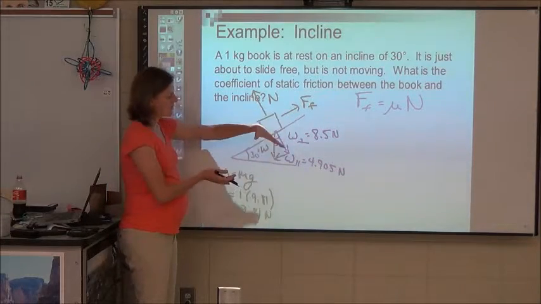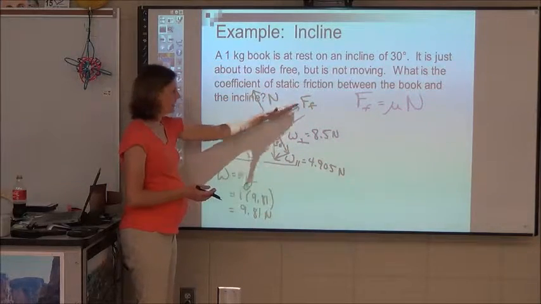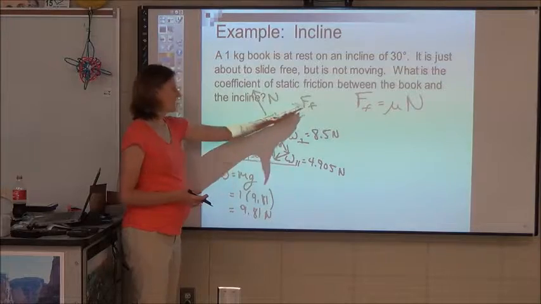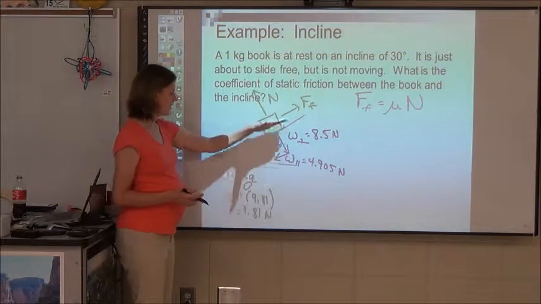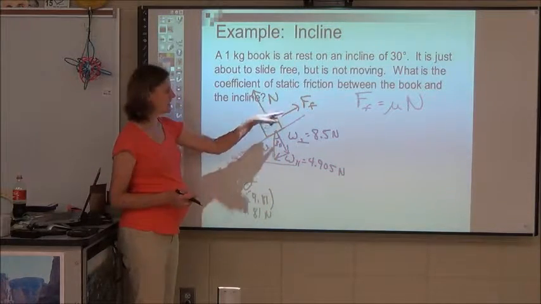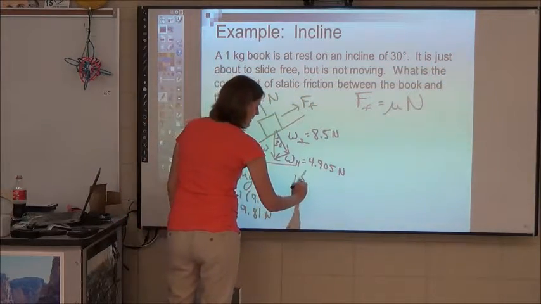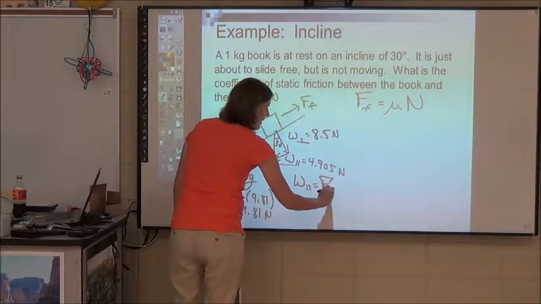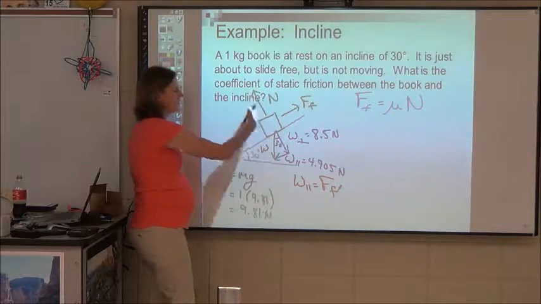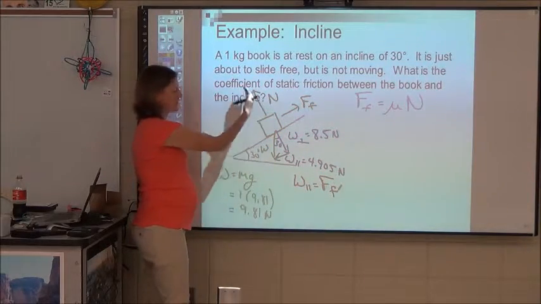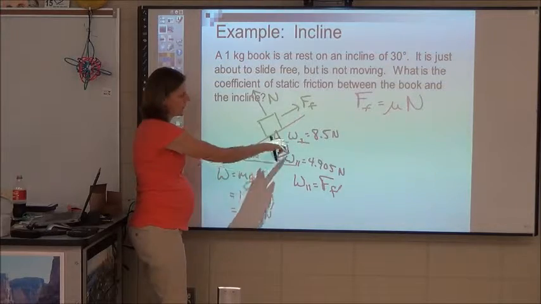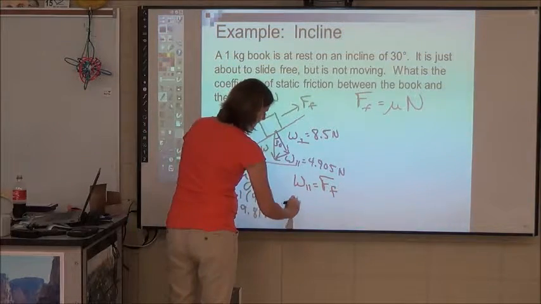So again, imagine this whole x and y axis is sort of tilted. So as far as left and right, I know that weight parallel down has to equal friction up and to the right. And in this direction, normal sort of coming out of the incline's got to equal weight perpendicular going into it.